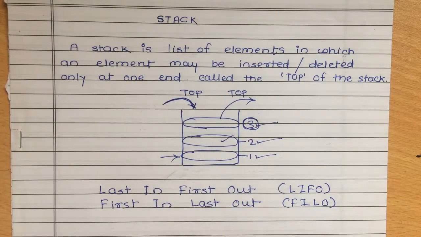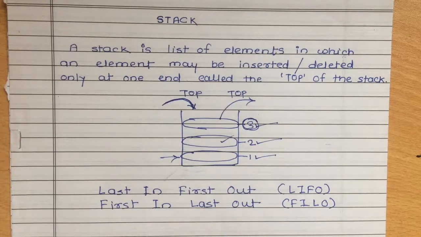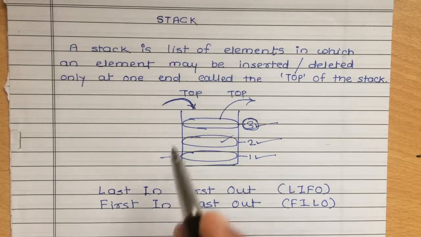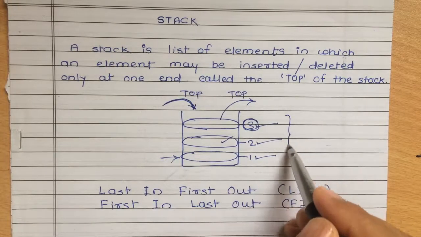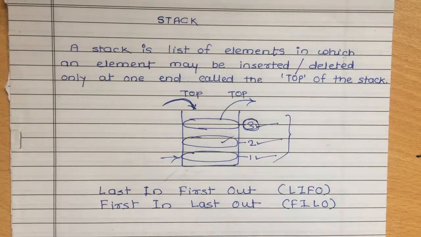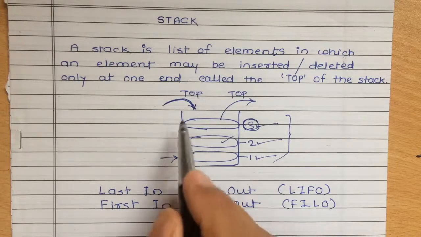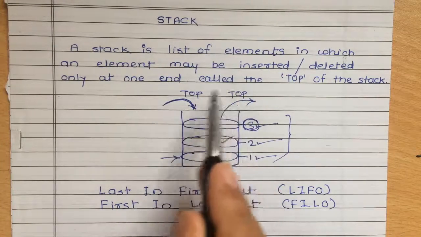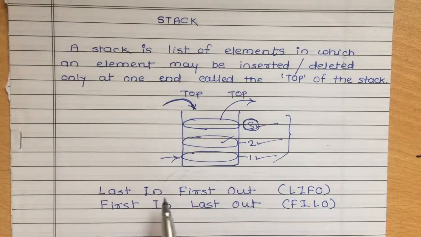So this is the simple concept of stack. In this stack, insertion and deletion of elements is carried out from one end, and that end is called the top of the stack. I have shown one simple example of a stack of dishes. The stack is also called last in first out or first in last out.